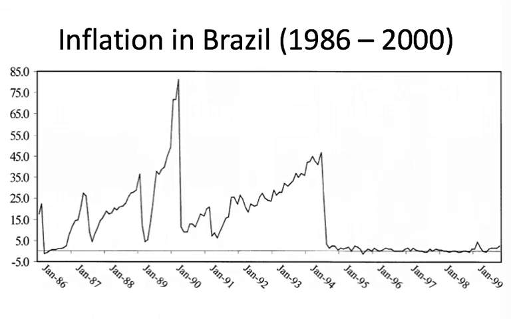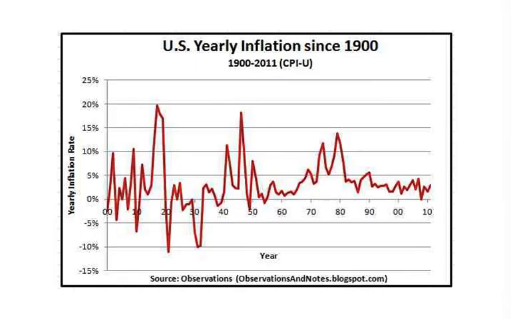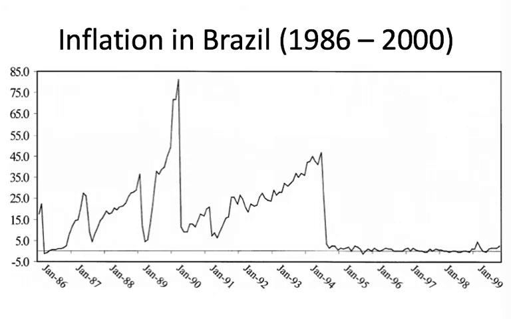If we're looking here, this is Brazil from 1986 to 2000. And their inflation shot all the way up to 80% in the early 1990s. If you look at that compared to the US, the highest we had in the last more than 100 years was only 20%. So 20% would be this line right about here.